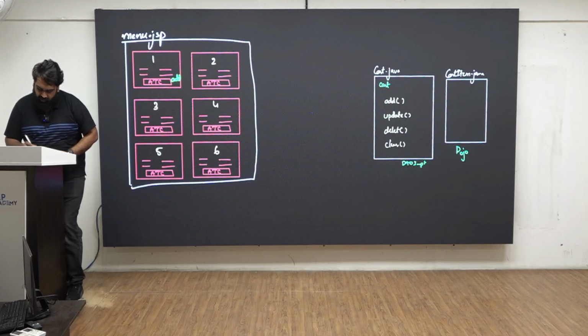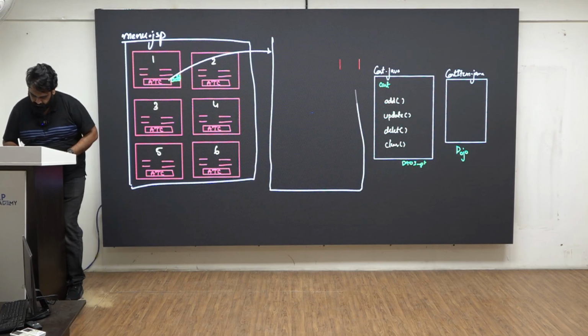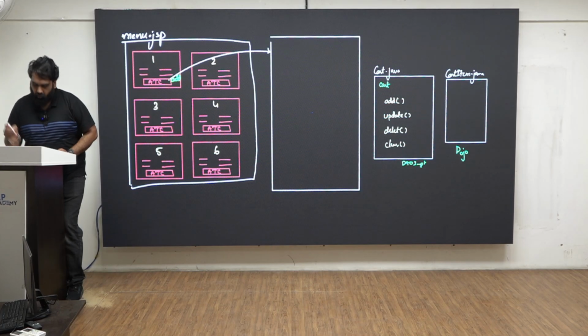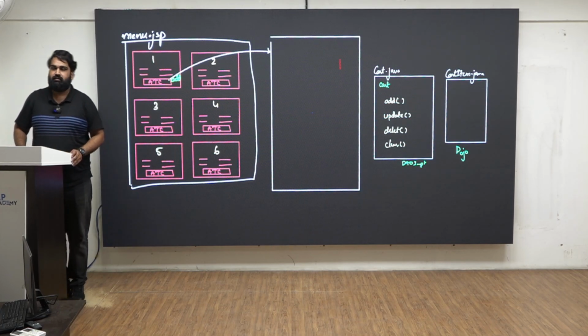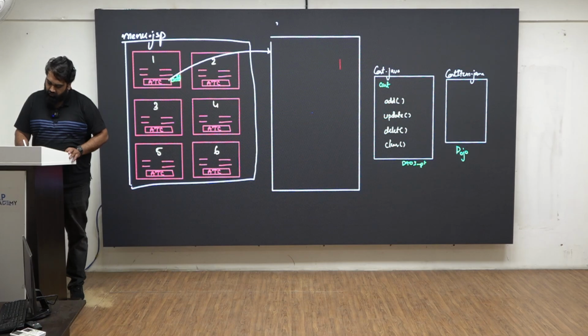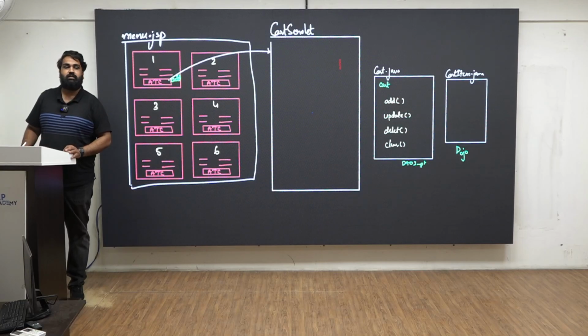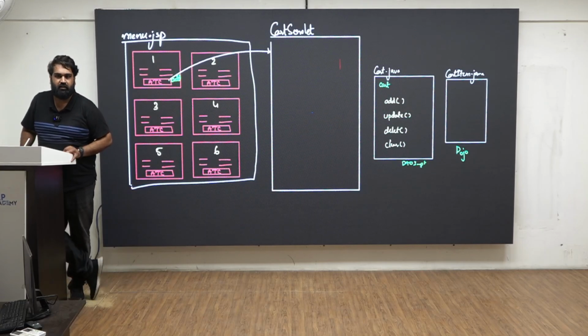Now, as soon as I click on this button, control should go to one servlet, which I will call the cart servlet. I will call this file cart servlet. What is the duty of the cart servlet, sir?